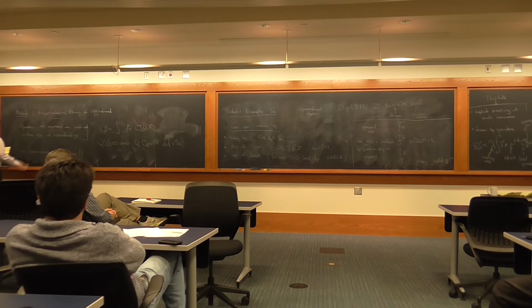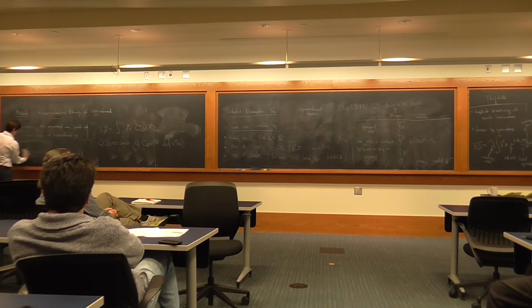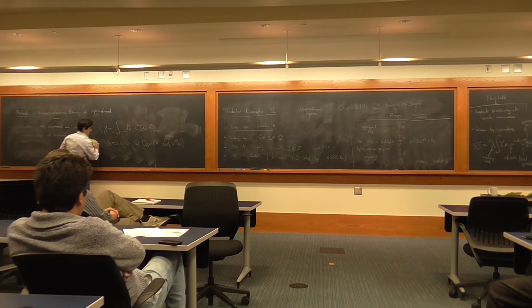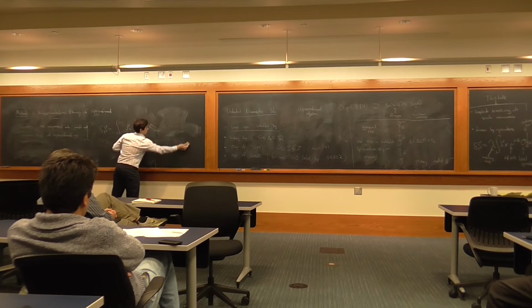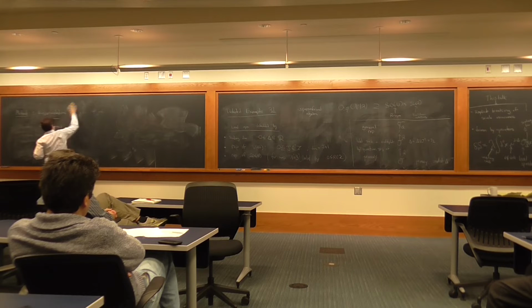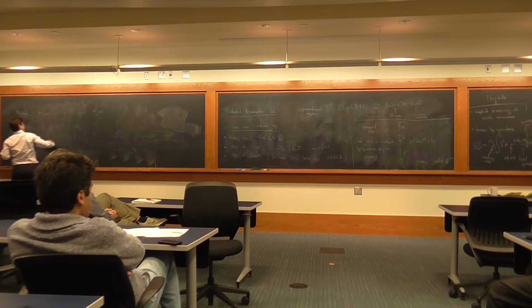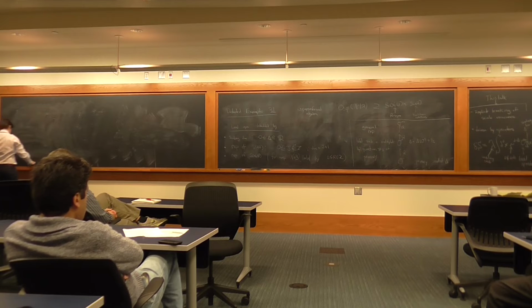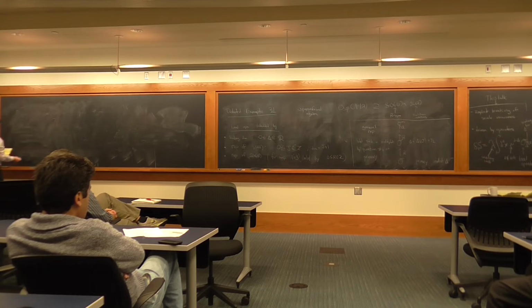So what are the operators? I told you that all the representations are known, so let me just tell you what they all are. Okay, so a list of representations.